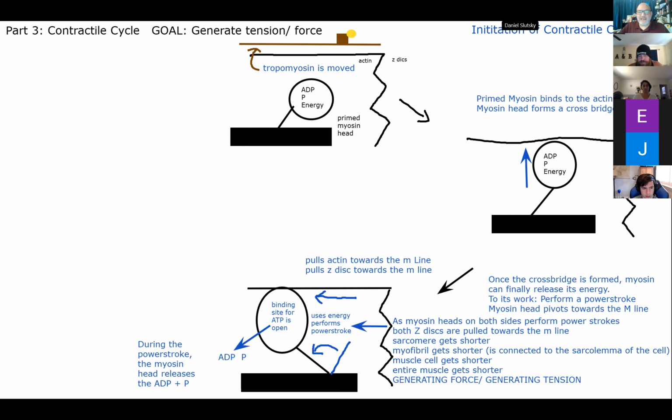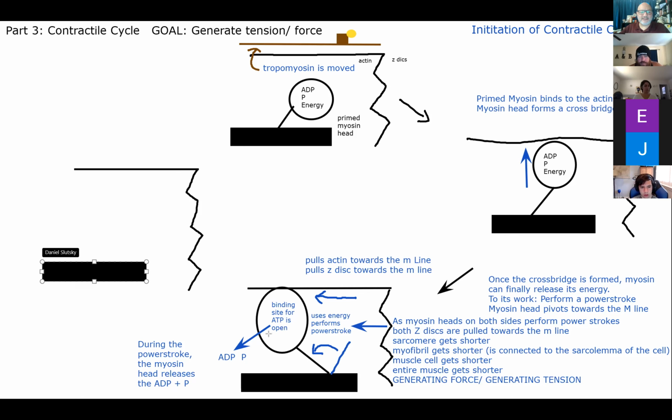Some more ATP. Yeah, exactly. Absolutely. And that's exactly what happens. Notice at this point, our myosin head has done all of its work. It's used all of its energy. It's released the ATP. It's done all the things that it needs to do. But it's going to want to do it again. So what we're going to need is to, let's do it this way.